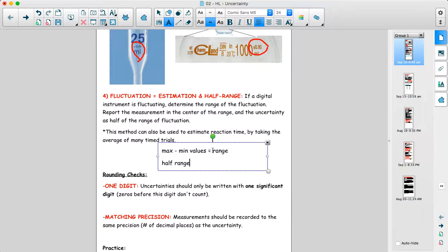Because then when we report that as a plus or a minus, it should include all of the values that we've been seeing on the scale. So we can't just take a stab at the middle and say we know it exactly to this value, because if it's fluctuating a lot, that implies greater uncertainty than we might have immediately expected.